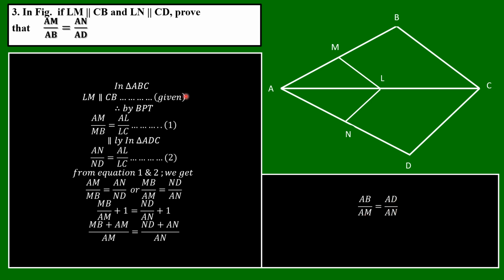Now see where we have to reach, means what we have to prove. Always keep that in mind. We have to prove AM upon AB, we are getting AB upon AM. So simply reciprocate again the ratio, we get AM upon AB is equal to AN upon AD. So hence this is proved.